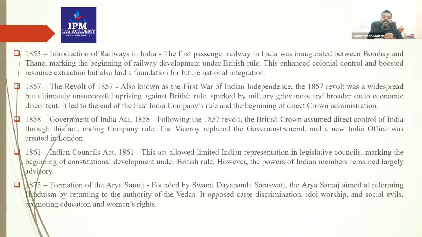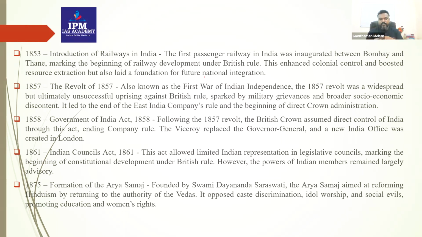Now 1861, the Indian Councils Act of 1861. This act allowed limited Indian representation in legislative councils, marking the beginning of constitutional development under British rule. However, the powers of the Indian members remained largely advisory only. So you could see that there was participation of Indians, but actively speaking, they did not have any role in the decision-making area.